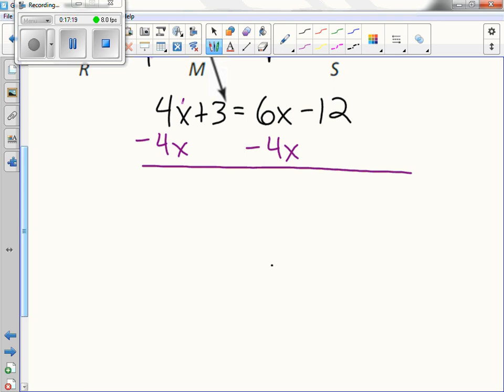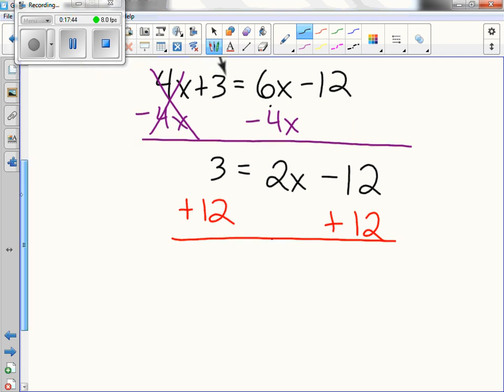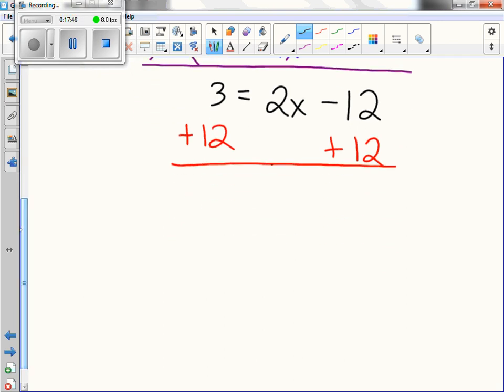And 4x minus 4x cancels, leaving me with 3 is equal to, well, 6x minus 4x is going to give me 2x minus 12. Now the next thing we're going to do is add 12 to both sides. And when we add 12 to both sides, there's only going to be x terms on one side.